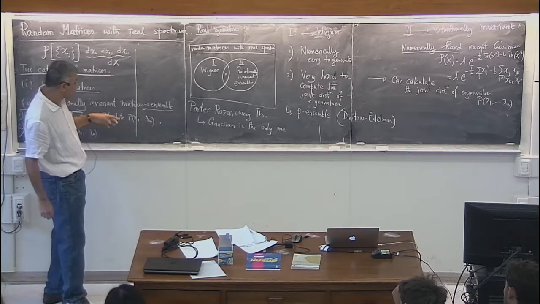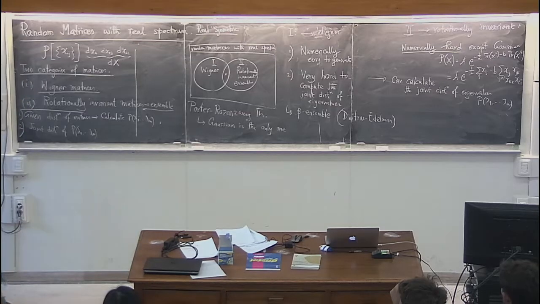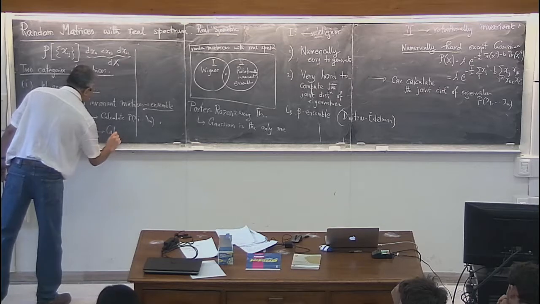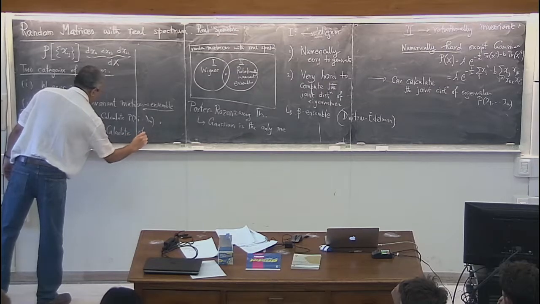That itself is very hard. As I said, for Wigner matrices in general, you don't know how to do it. And the second step is, for rotational invariant ensemble, we can do it, and then, given this joint distribution, calculate observables. And this is the domain of statistical mechanics. Okay, calculate observables.